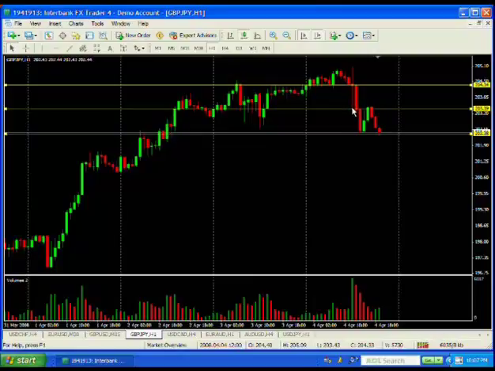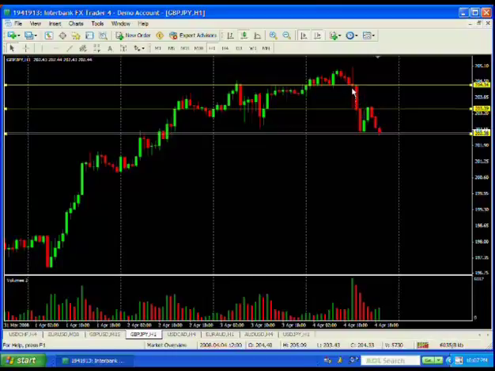If I wanted to still play this down move, I would have to wait for a breakout or breakdown below the low of this bar. And it's not just this bar.